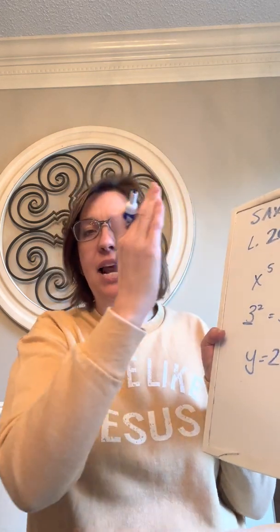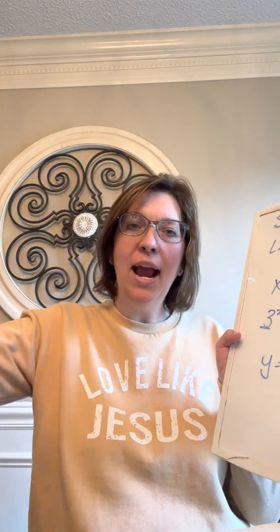But notice how some go up really quickly, and some are a little bit wider and go up more slowly. What's the difference? Well, the larger the base, the faster it exponentially rises, right? So notice how y equals 10 to the x is really steep.